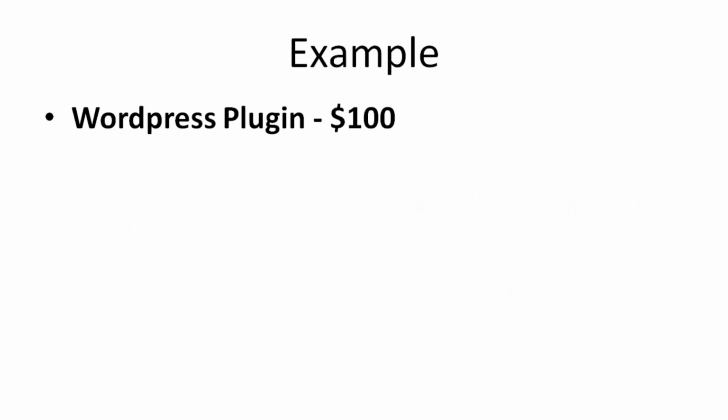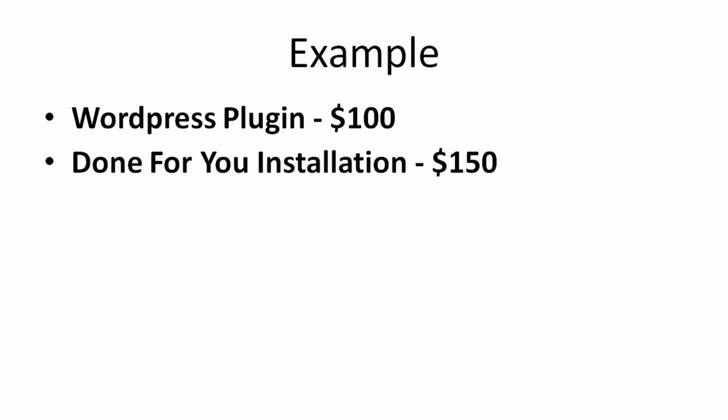So let me give you an example, just sticking with the example that we've been talking about in the previous videos. The WordPress plugin is $100, right? We'll say that the objection is time. If the objection is time, then done-for-you packages are probably going to sell like crazy.